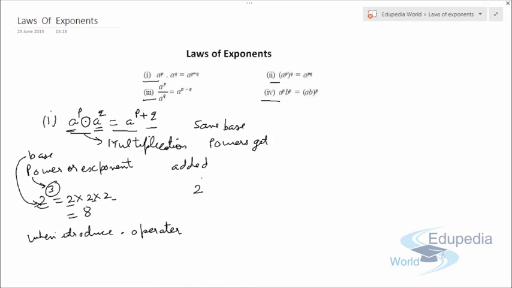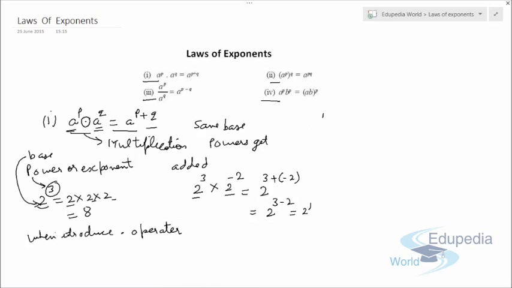Suppose we are given 2 raised to power 3 into 2 raised to power minus 2. The base in this question is the same, so we can add the powers. So it will become 2 raised to power 3 plus of minus 2, which gives 2 raised to power 3 minus 2, which is 2 raised to power 1. So this is the first law.